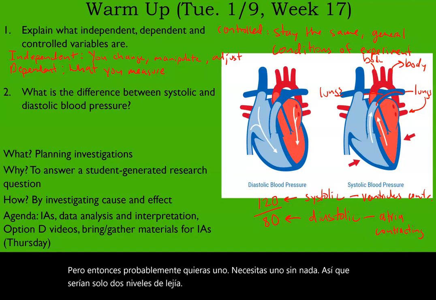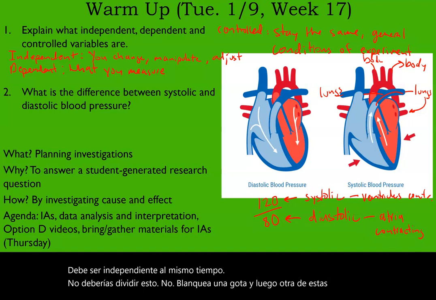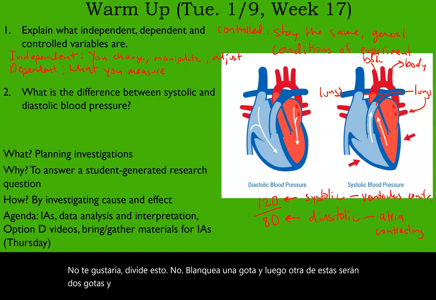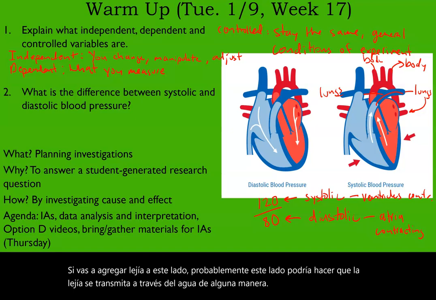But the one that has no bleach should be independent at the same time. You shouldn't divide this up. No bleach, 1 drop, and then another one of these will be 2 drops and 3 drops. Because if you're adding bleach to this side, probably this side could get bleach transmitted through the water somehow. So it's tricky.